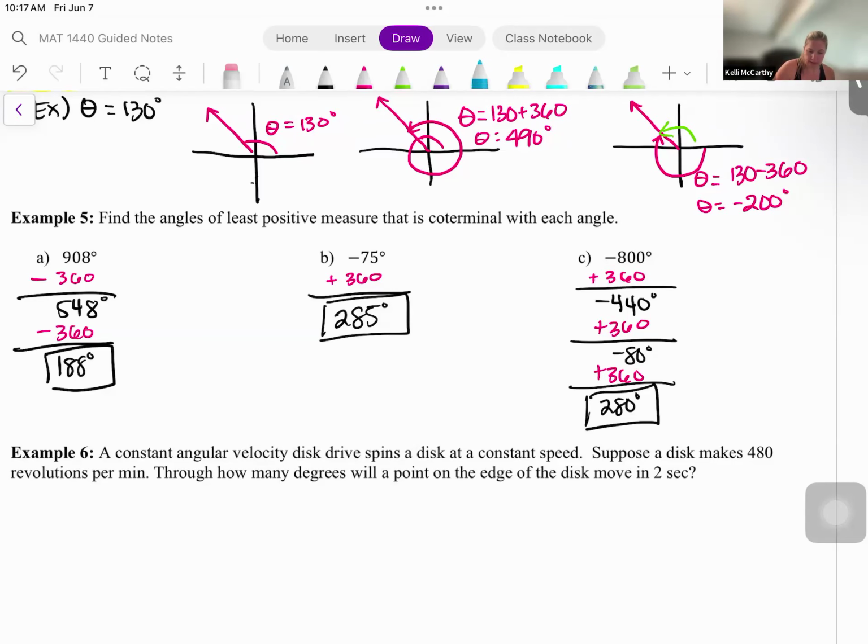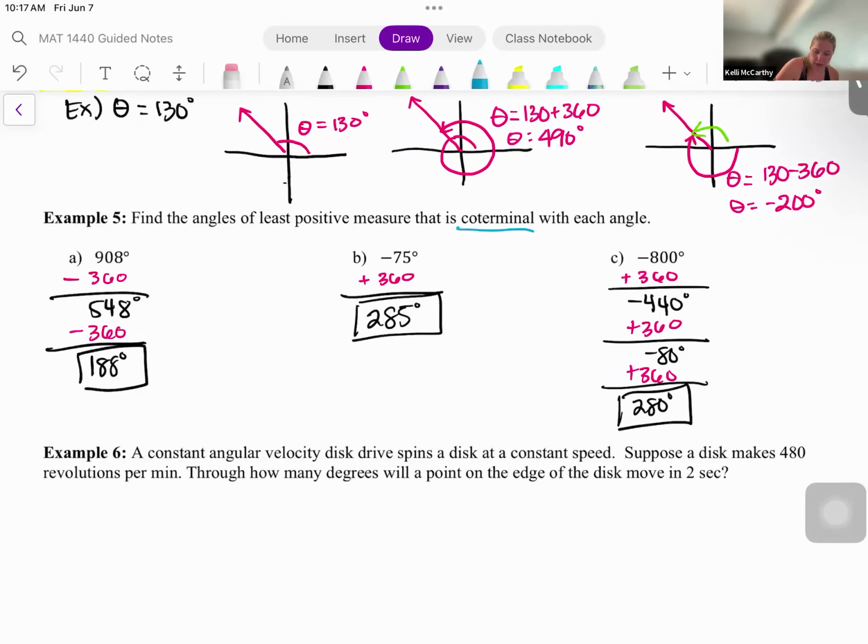So let's quickly write a summary. If we're trying to find angles that are coterminal, we're going to add or subtract 360 degrees or multiples of 360 degrees. And we could do this a little bit faster by figuring out what's 360 times 2.